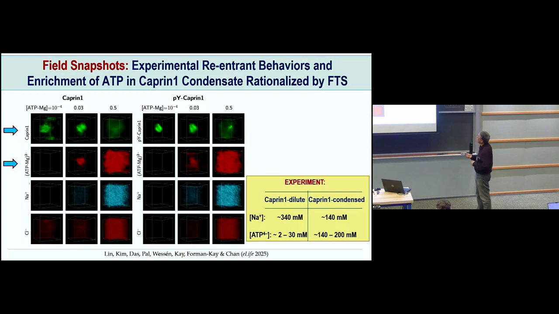The sodium is actually at a lower concentration inside. I forgot to mention, if you look at the trends, this is the trend that we got, although we can't get it to be that extreme, so there's something to be done with the theory too. ATP is strongly co-localized within the Kaplan condensate.